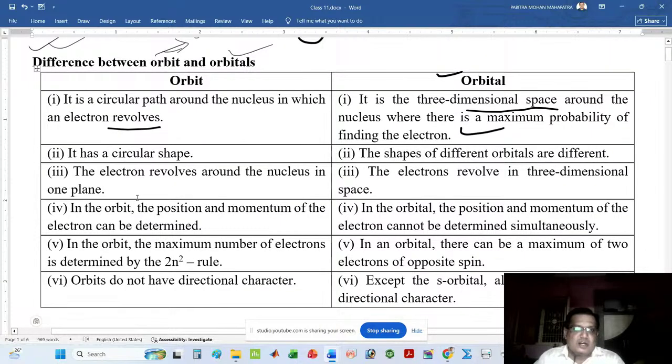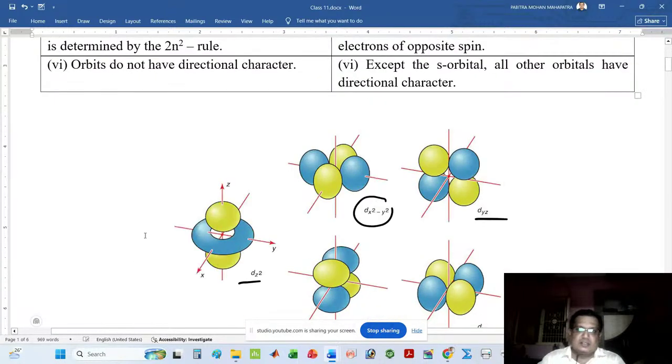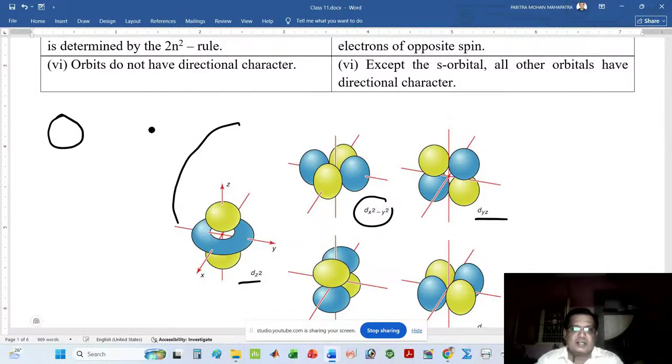So here I can say that the second point is that an orbit has a circular shape, while the shapes of orbitals are different. Obviously, these are the shapes of d orbitals. If you think about the s orbital, then it is spherical, symmetrical.